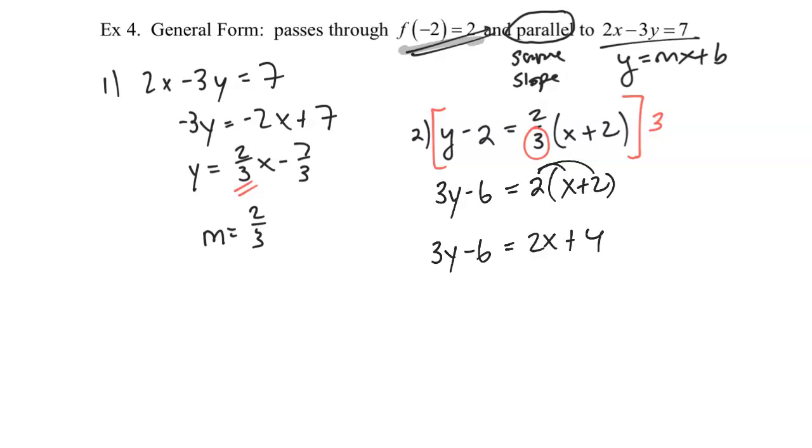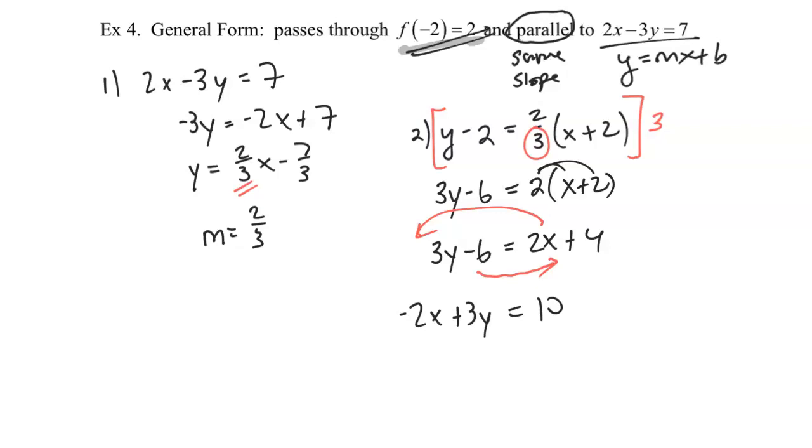And now I need all of my variables on the left, which means I'm going to move my 2x to the other side, and I need my constants on the right-hand side, which means I'm going to move my 6 to the right. And so this is going to end up giving me negative 2x plus 3y. When I move that negative 6 over, it becomes a positive 6. It combines with the 4 that's already there to give me a 10.